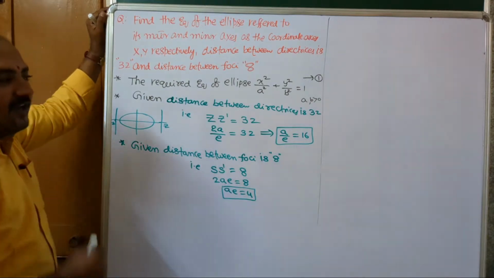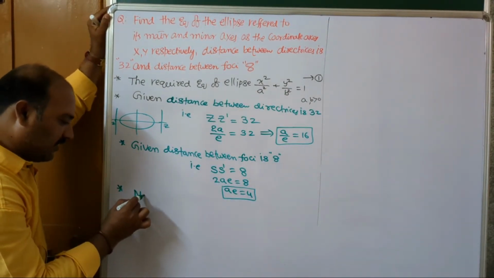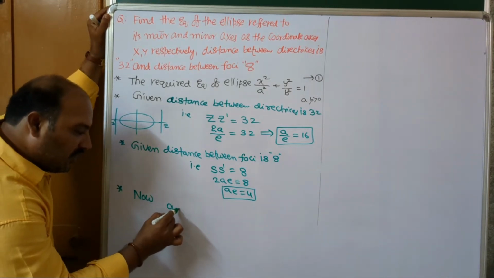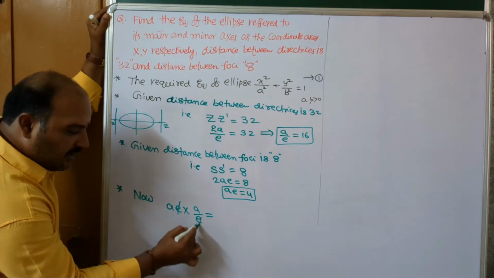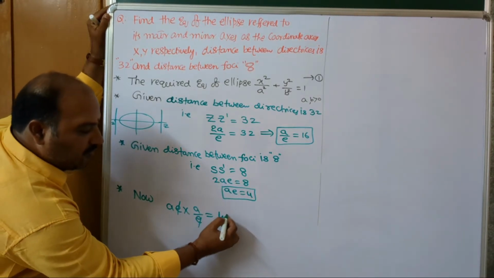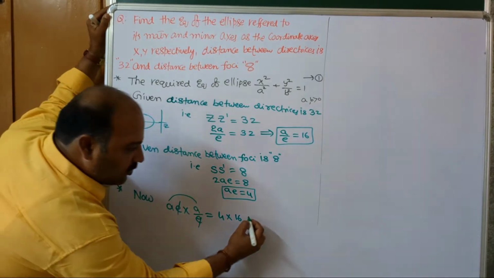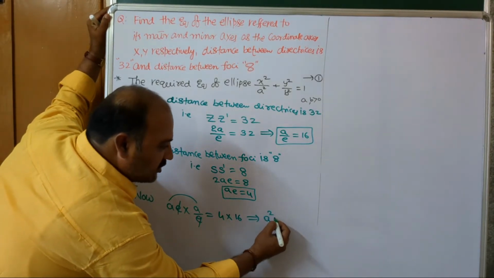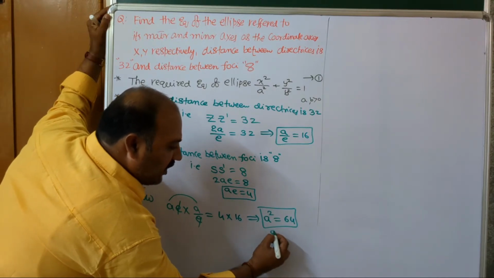From there only we will get the value of a. See here, now we will consider ae into a by e. Here e's get cancelled. ae value is 4, into a by e is 16. So a square equal to 64. So obviously a value will become 8.